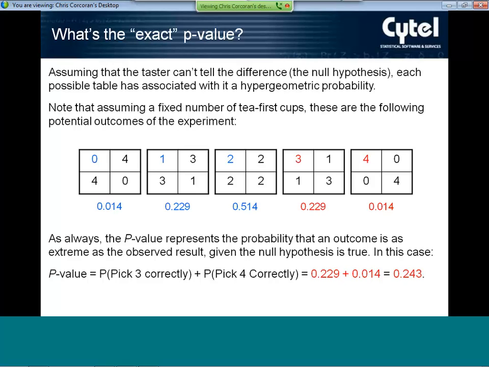In other words, there's about a 24.3% chance that she would be able to pick 3 correctly or better at random. So that's not all that convincing. By the way, I guess the punchline to the story is that it actually turned out in real life that she picked 4 out of 4, which I think most of us would argue would be fairly convincing. But nevertheless, that's how the exact p-value is computed.